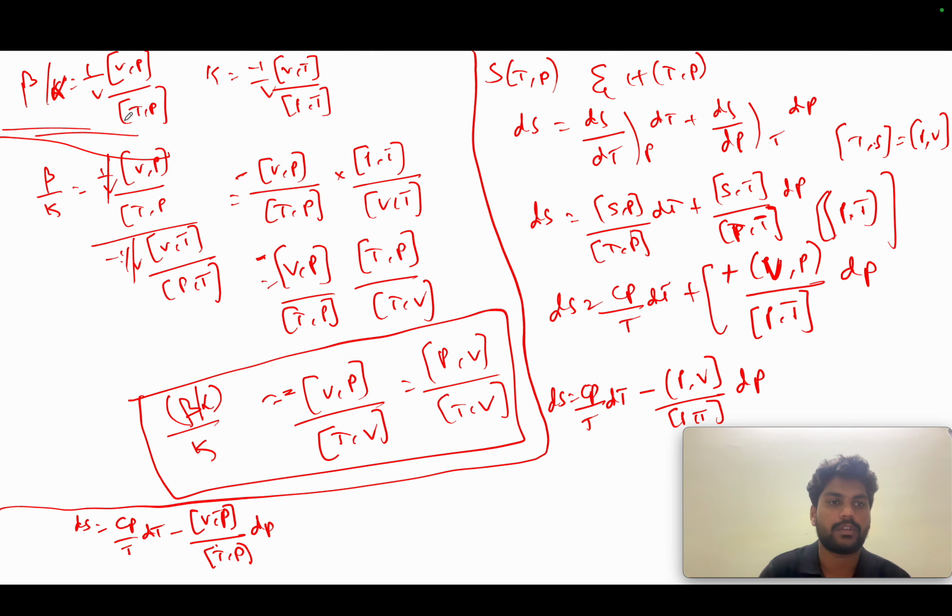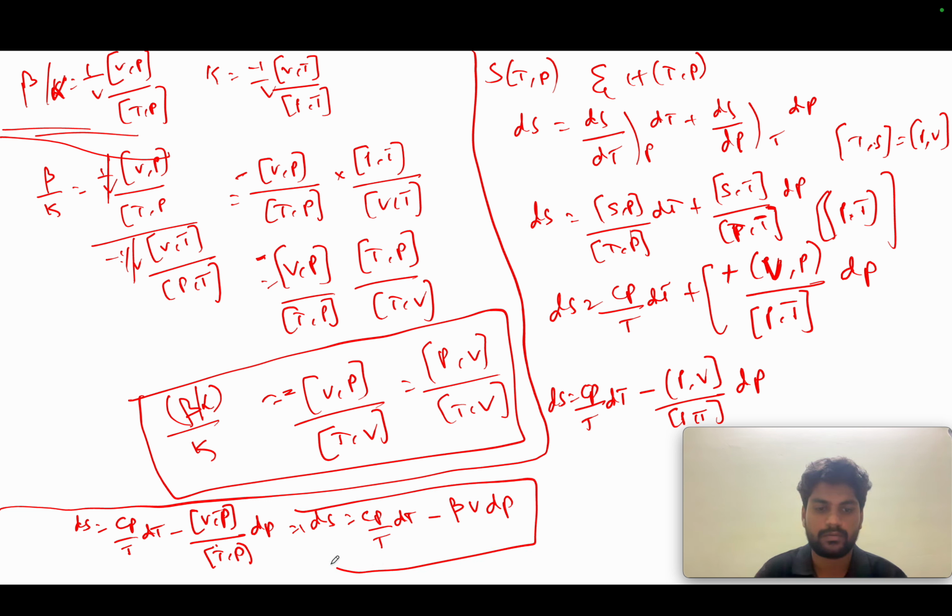If you see this one, ds equals Cp by T minus beta V dp. So any doubts in this equation? The equation is correct. Any doubts? No, sir. Okay, even once you can try also how to do it.